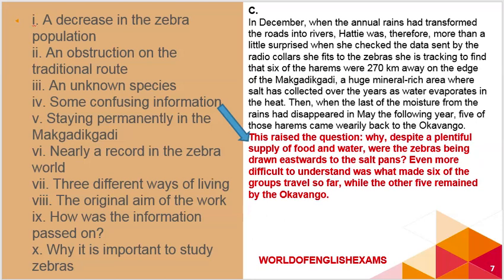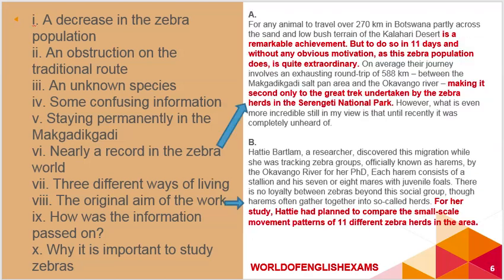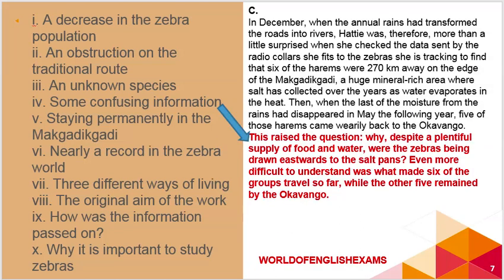Okay, so in the earlier paragraph we found that Hattie had planned to compare the small scale movement patterns of 11 different herds, isn't it? So now what did the data show?